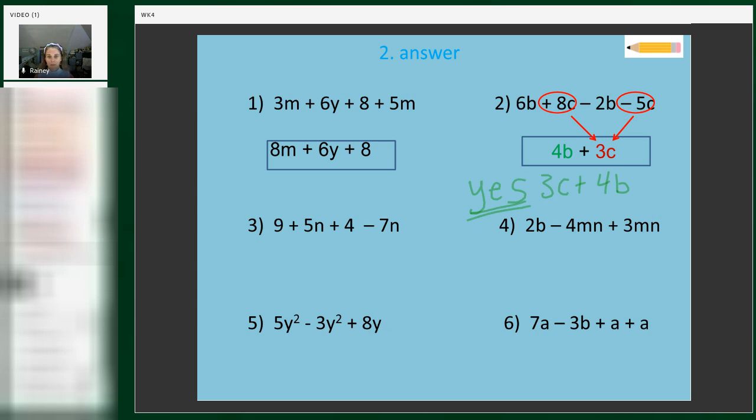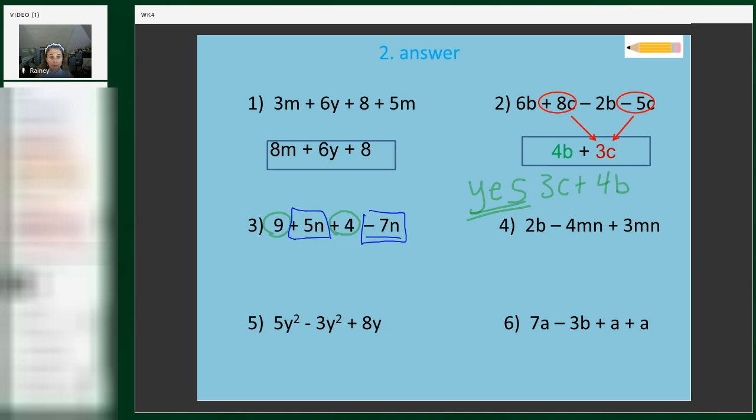All right, here we go. Number 3. Ready? What can go together? I've got a 9 that can go together, and a 4. That's good. Put those in one color. And then underline, or you can box in, however you want to do it.